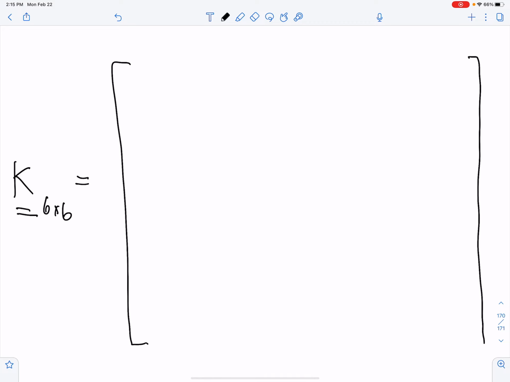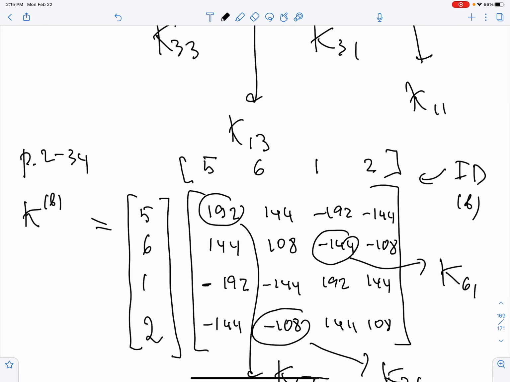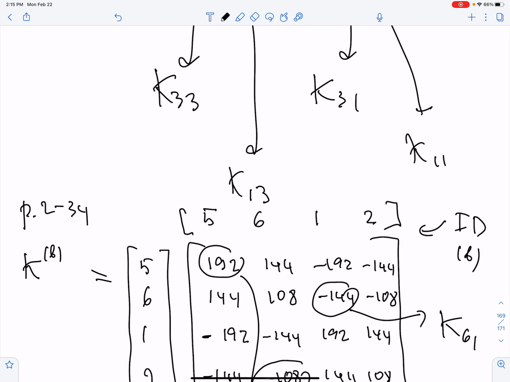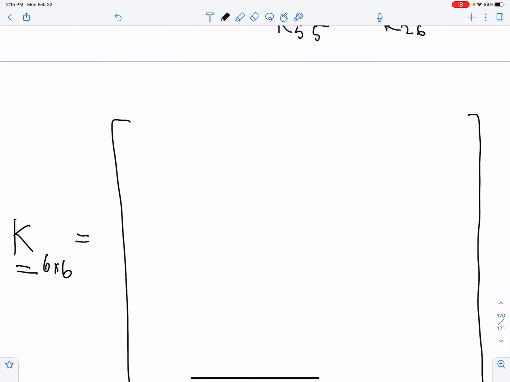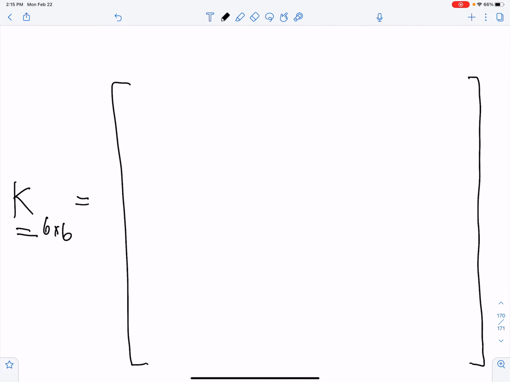And so now if you assemble the K itself, it's a 6 by 6, because you have 6 degrees of freedom. If you follow the assignment of local entries of the element stiffness matrix into the global one, you're going to find that K has the following structure. So 6 by 6, this becomes 492.